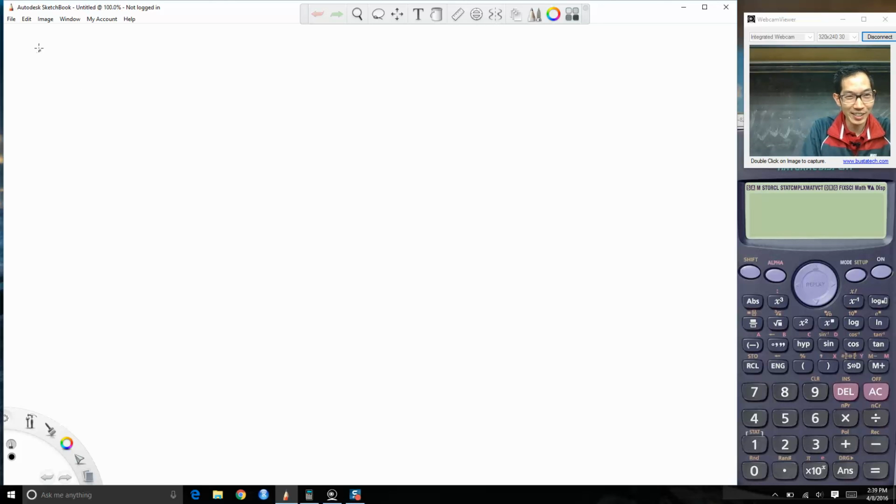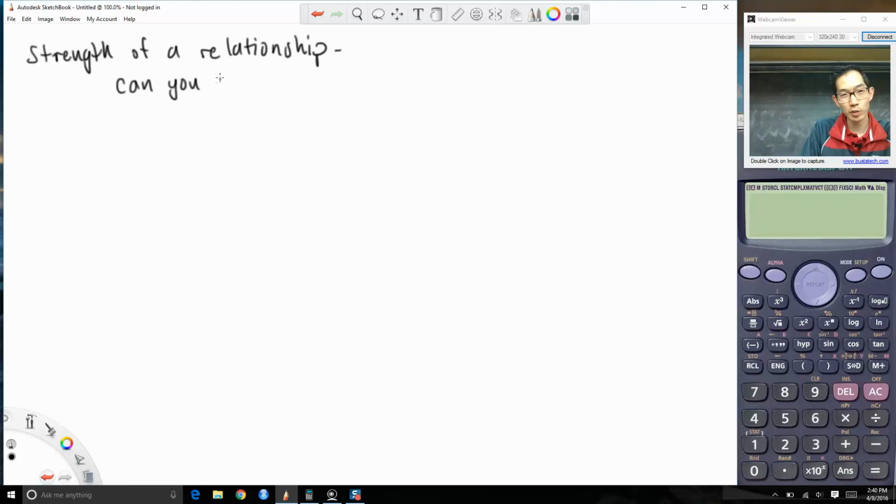Okay, we'll talk about the strength of a relationship. Okay, so the strength of a relationship, one way to look at it is, can you make good predictions for one variable based on the other variable?